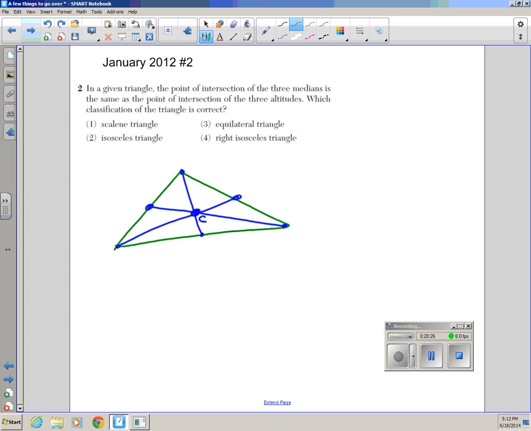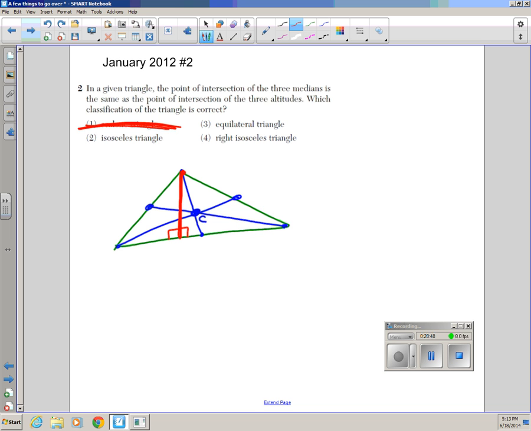Altitudes go from vertex, but make a right angle at the bottom. Now, I don't need to draw all three in to clearly see the centroid is not going to be on this perpendicular, this altitude. So they're not going to intersect at the same place in a scalene triangle.